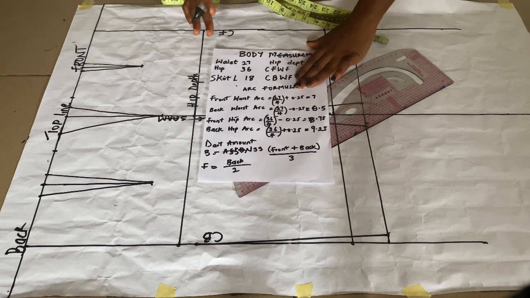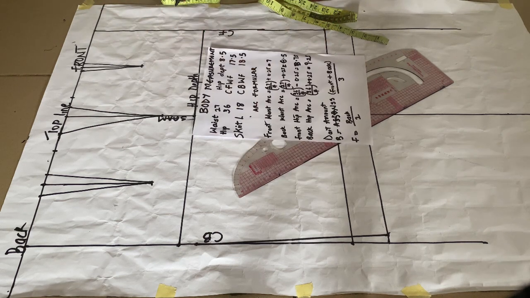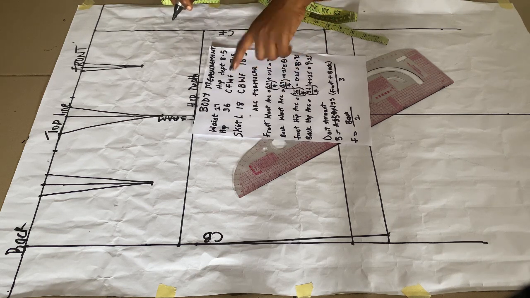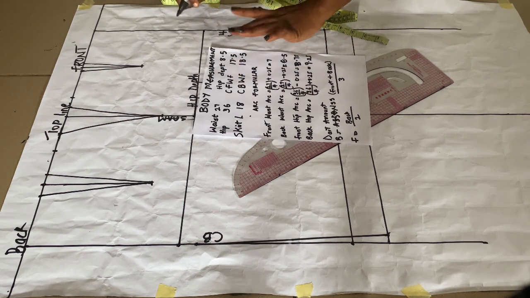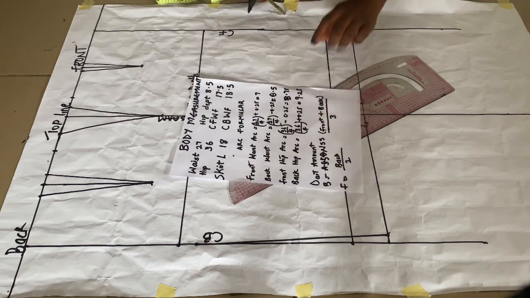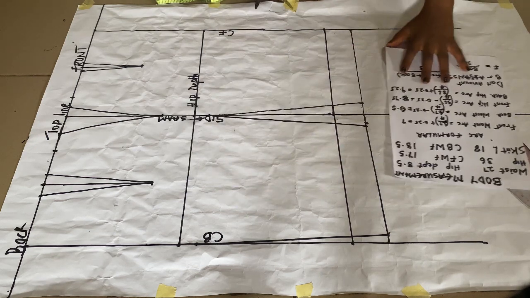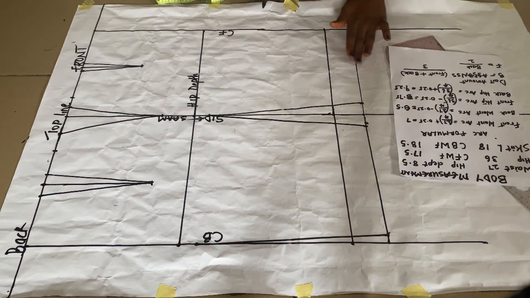So the next thing is the center front waist measurement. For most people, their tummy is either too big, and the side seam and the center front waist of the skirt will not be the same. So after taking that measurement, for this person, the center front waist to floor measurement is 17.5. So I will be measuring 17.5 from this actual line here, not the hem allowance.